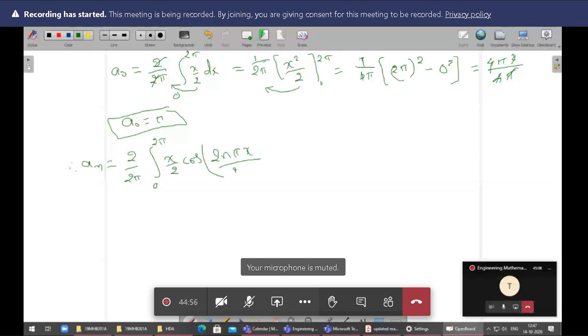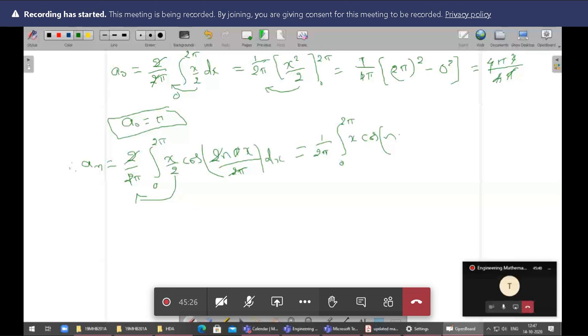Again a simple simplification: the 2s cancel, and this 2 I can take outside, so that becomes 1 by 2 pi into integration from 0 to 2 pi of x into cos, the 2 pi again cancelled, cos nx into dx.